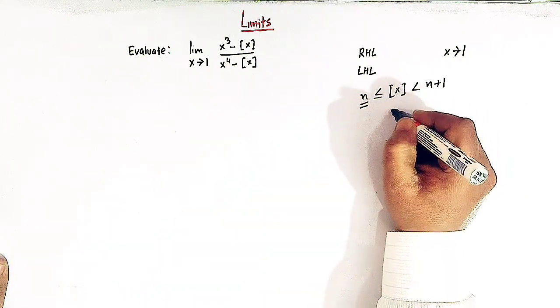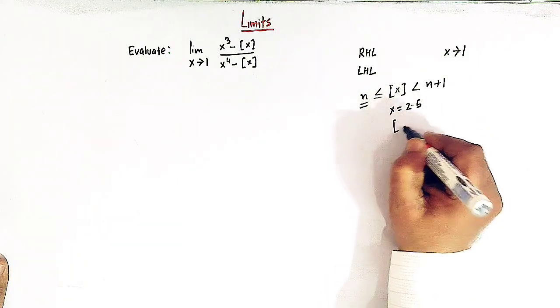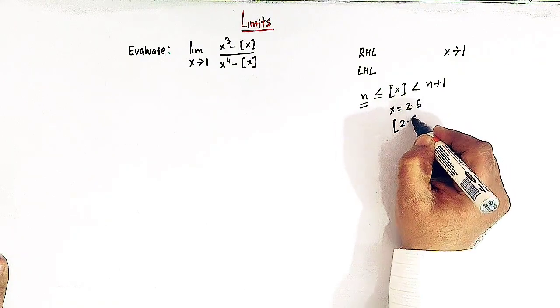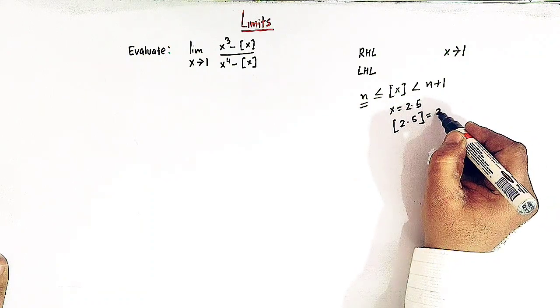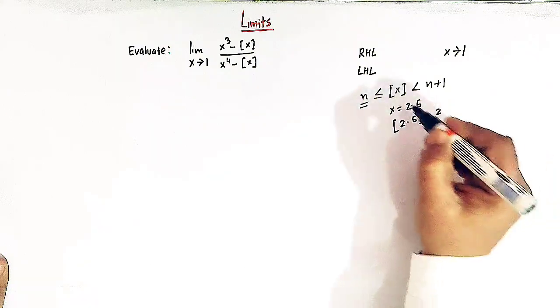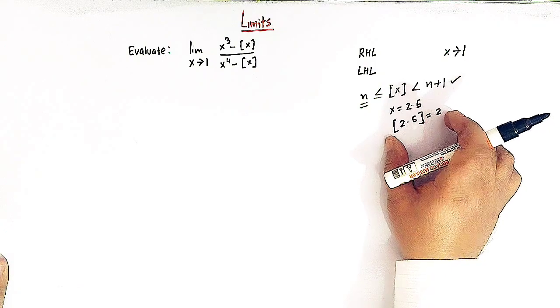So for instance, if we take x equal to 2.5, then what is the greatest integer of 2.5? This is obviously 2, because 2 is the greatest integer less than 2.5. So we can use this inequality to illustrate this expression.